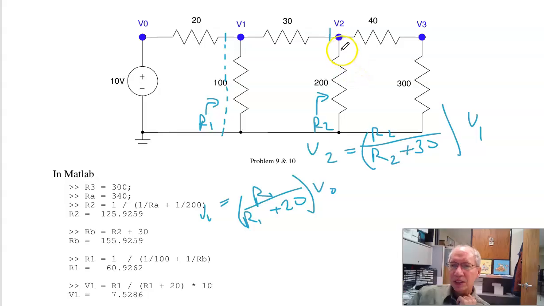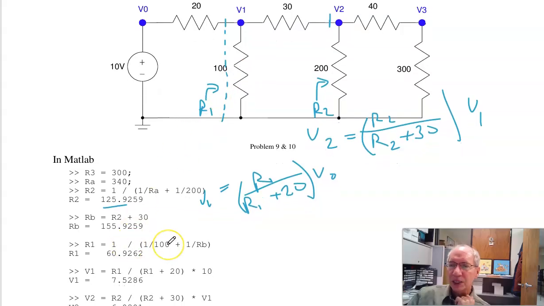R2 is 340 in parallel with 200. That's 125 ohms. Plus 30, that in parallel with 100 is R1. So R1 is 100 in parallel with R2 plus 30, 60 ohms.